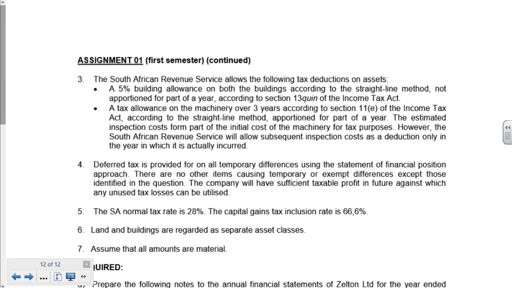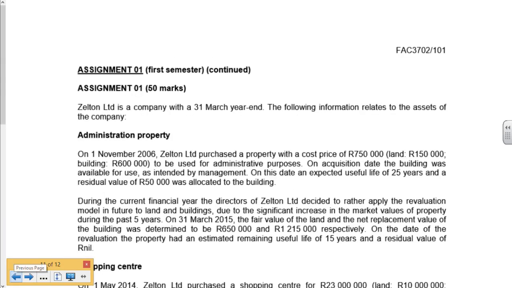And then once you start with the machine, what we also can look at is this property. We purchased a property which is going to be used for administration purposes. So it's PPE. On acquisition, it was available for use. The expected life is 25 years, a residual value of 50,000 allocated to the building. So there we're going to split it between land and buildings.